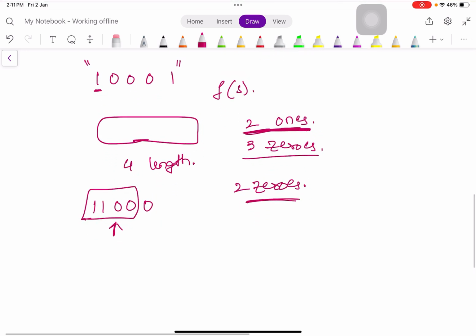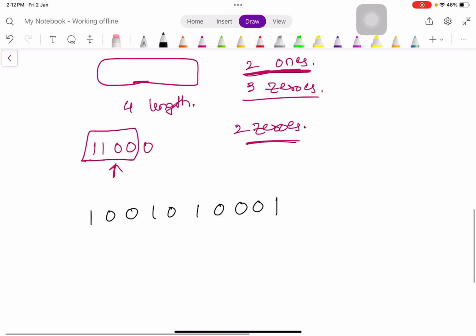If I take a different example, let's say I have 1 0 0 1 0 1 0 0 0 and then 1. Let's see how many zeros and ones are here. Ones: 1 2 3 4. We have 4 ones and we have 6 zeros.